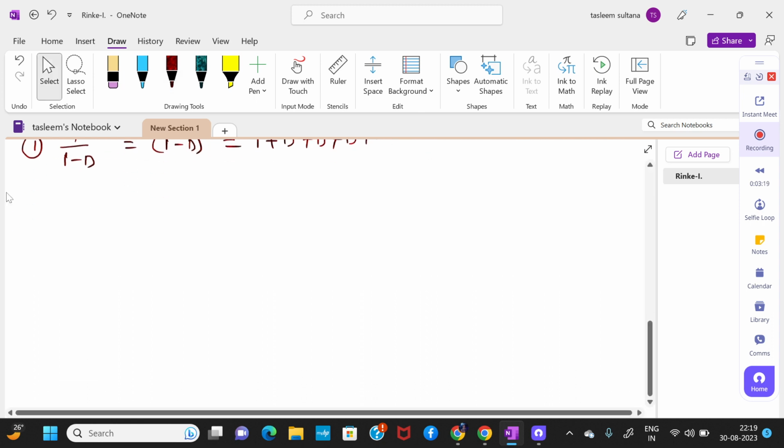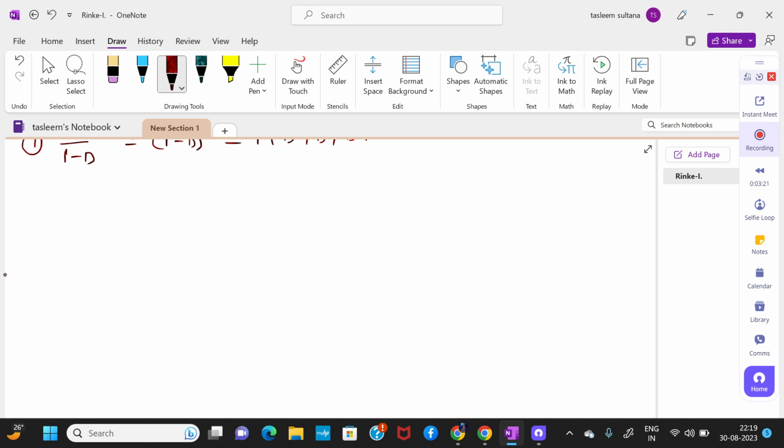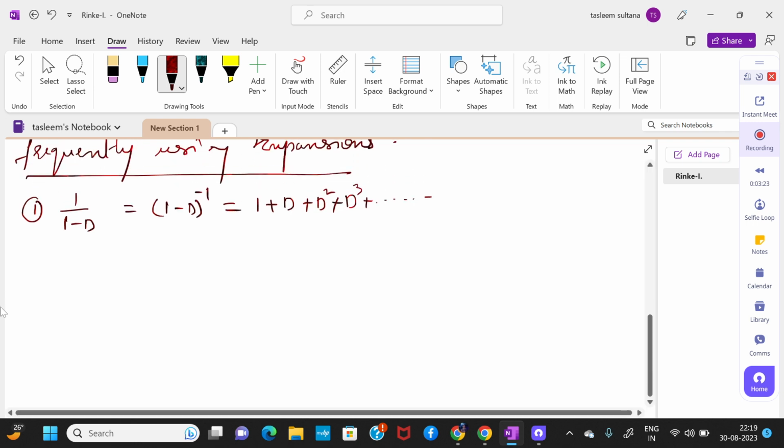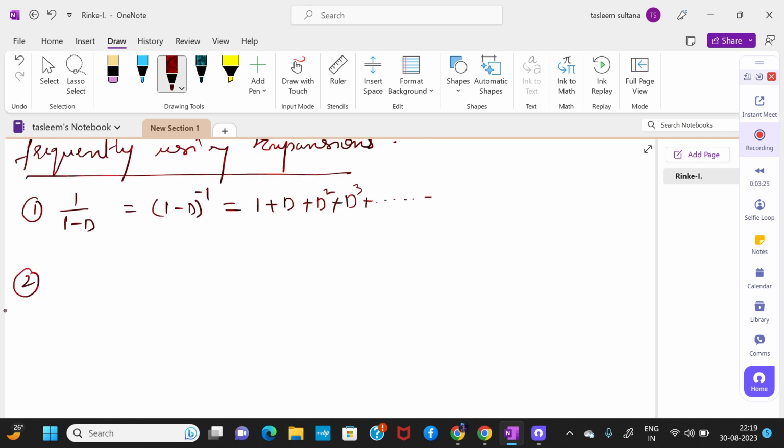The second one is 1 divided by 1 plus D, which is 1 plus D whole to the power of minus 1. Now here it's going to be alternating: 1 minus D plus D square minus D cube plus and so on.